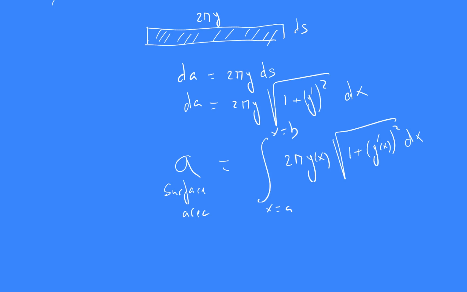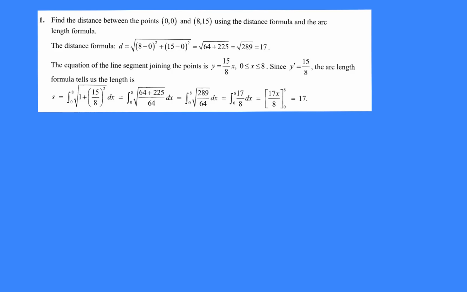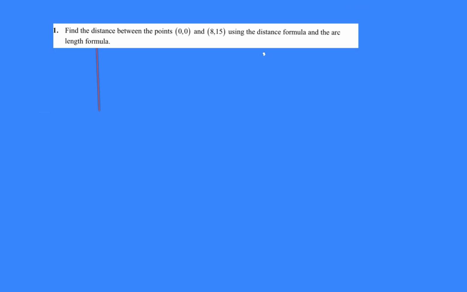Let's go now to solve problems. Let's go to problem number 1. It says find the distance between the point 0, 0 and the point x equal 8, y equal 15.